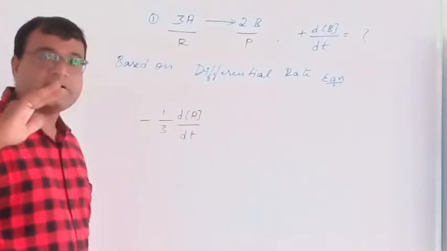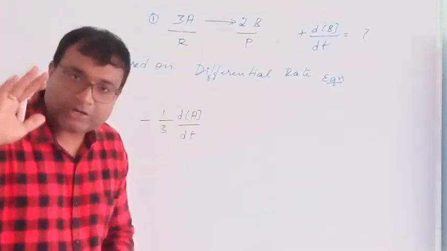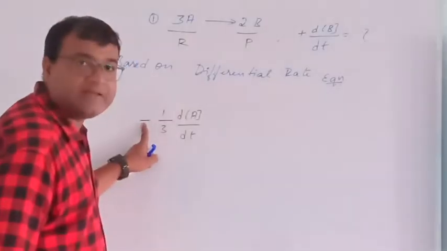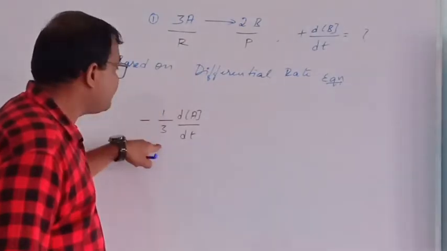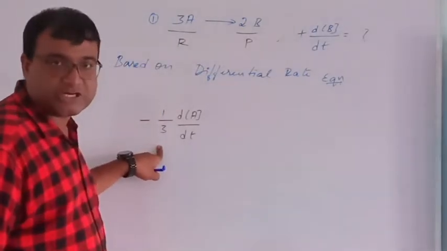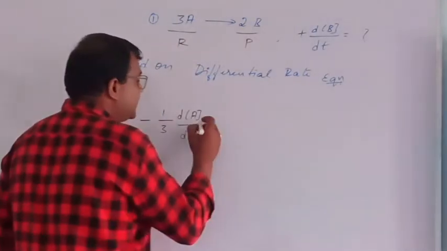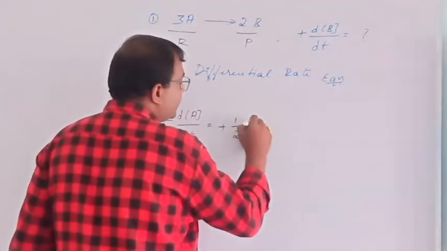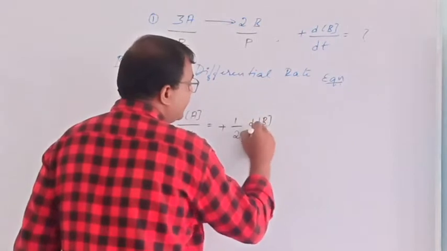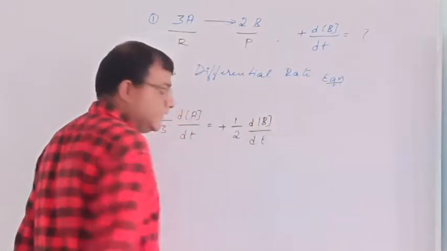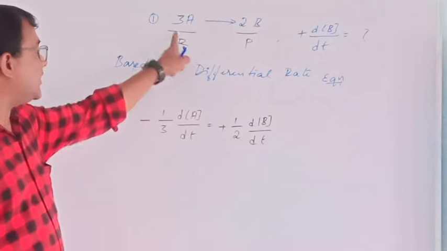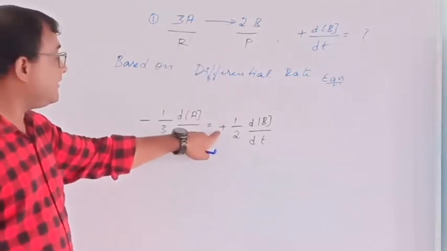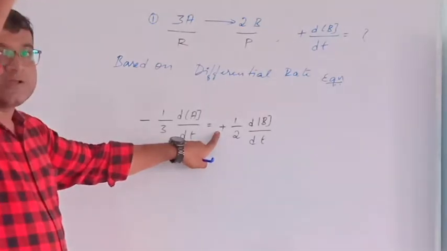Because the rate of the reactant keeps decreasing. So I kept minus. So this 3 becomes 1 by 3, the coefficient of the reactant, is equal to plus 1 by 2 dB by dt. This is the differential equation I have written for this reaction. Plus indicates the rate of product always goes up, increases.